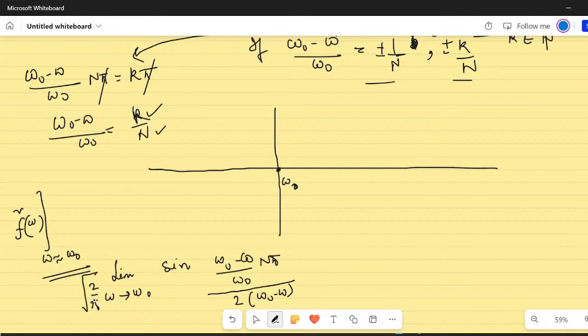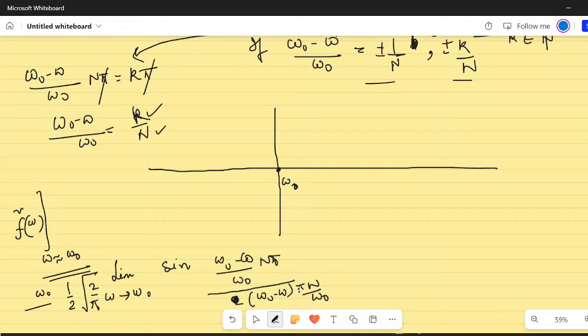Since here you have 2, I cannot write 2 here, so I'll take this 2 outside. And I have to multiply by n pi upon omega naught.